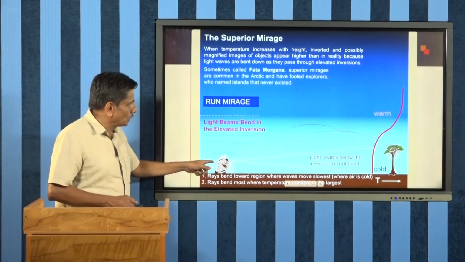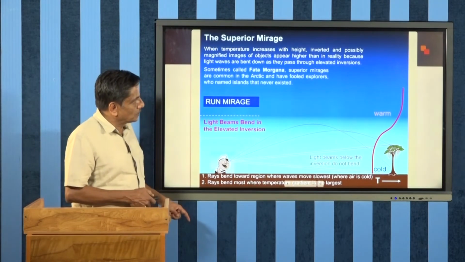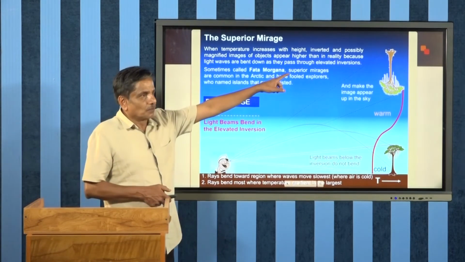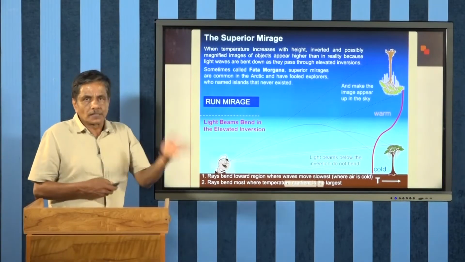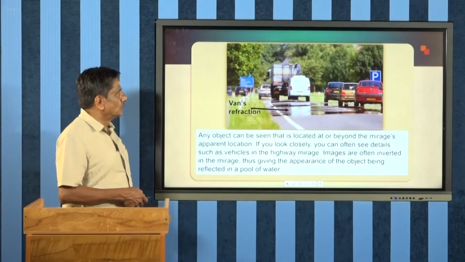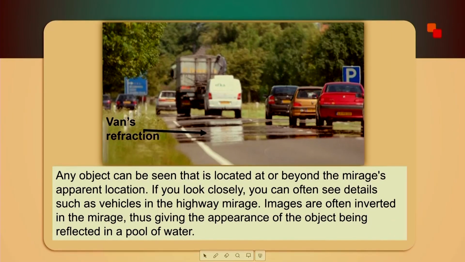So, when we look straight, we can see the tree at the top. Actually, this is another kind of optical illusion, right. This is due to the refraction of light. So, this is what we observe on the road, which I have already explained.